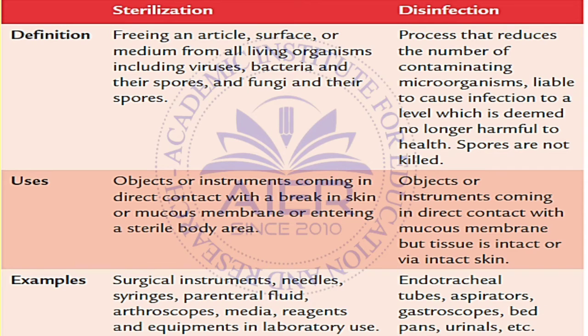Okay, examples: surgical instruments, needles, syringes, okay, and all these other laboratory gadgets you may sterilize. Endotracheal tubes, okay, aspirators or respirators, gastroscopes, that means the endoscope tube, and all these things, bedpans, urinals, those we can disinfect.